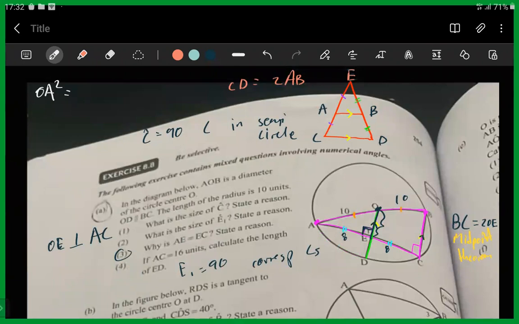So OA squared is equal to AE squared plus OE squared. Now we can put in our dimensions. 10 squared, AE is 8, OE is OE.